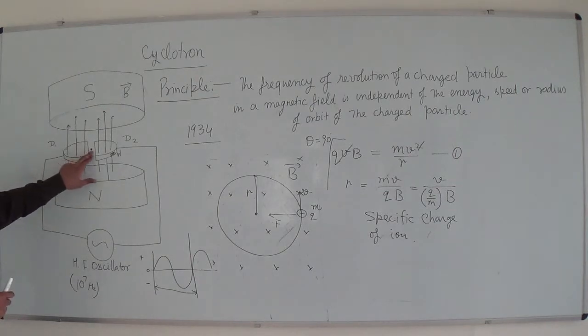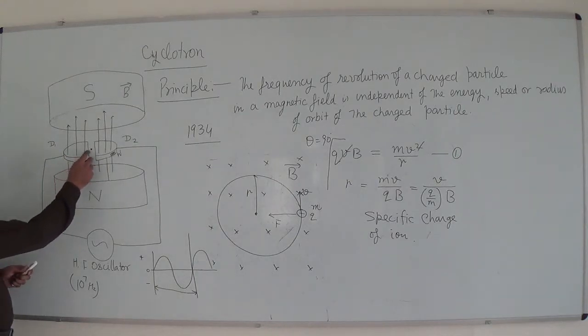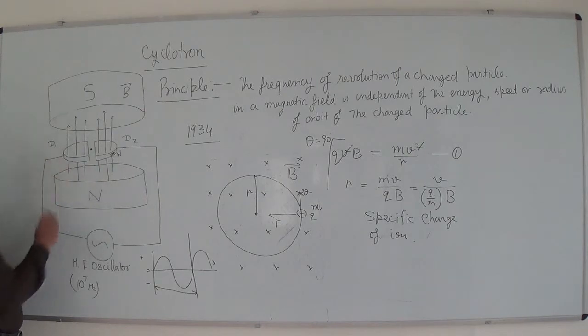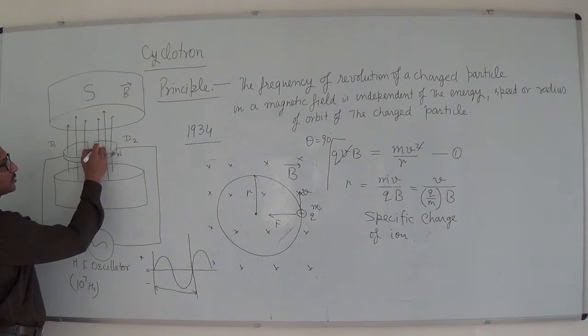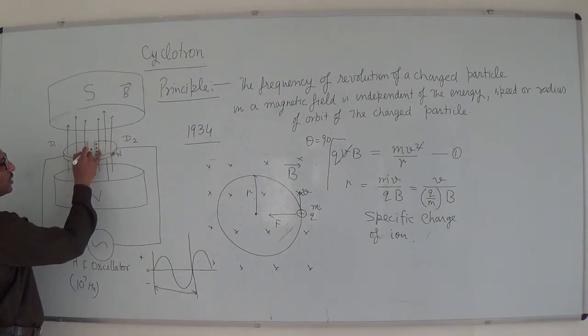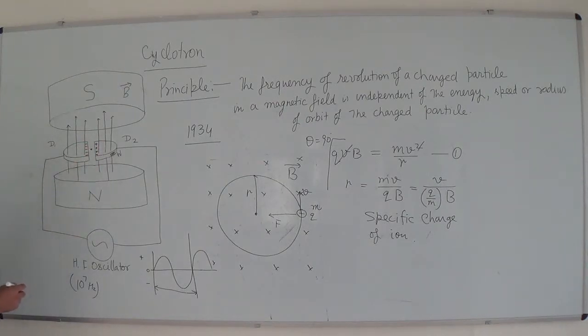So here an ion emits, and this ion is attracted by one of the D's. Suppose this D was at positive potential and this was at negative potential initially.